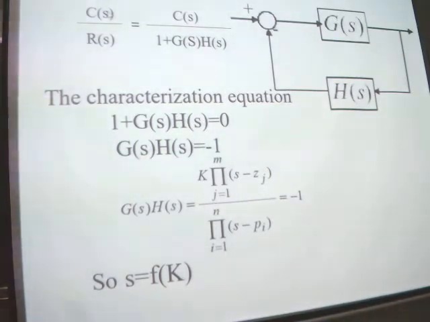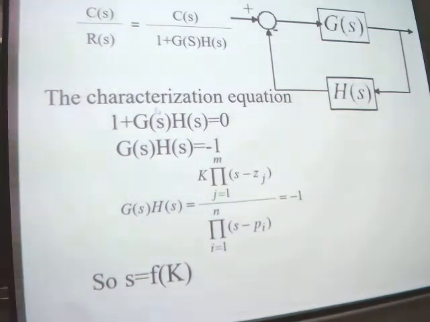The transfer function C(s)/R(s) equals G(s)/(1+G(s)H(s)). And then, for this transfer function, the characteristic equation is 1 + G(s)H(s) = 0. This is the characteristic equation.